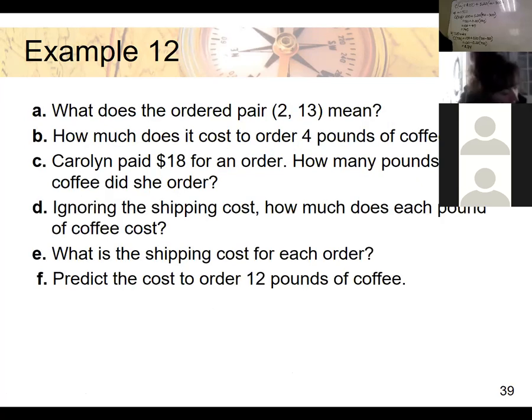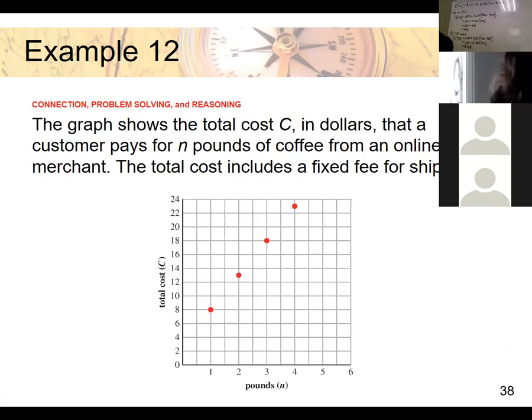All right, and now in part D, ignoring the shipping costs, how much does each pound of coffee cost? All right, now let's think about this for a moment by looking at this here. All right, let's look at this point.